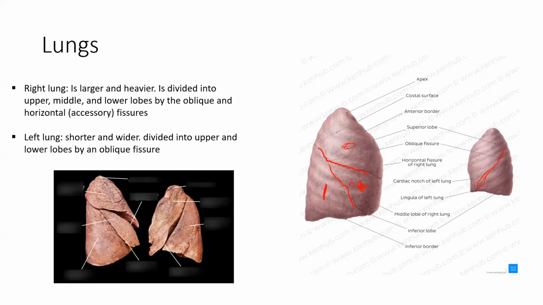The right one has three lobes and the left has two lobes. Also in this area we have the lingula, which is specific to the left lung. So if you spot this area, you will know that it's a left lung. So this is the second way to recognize them.